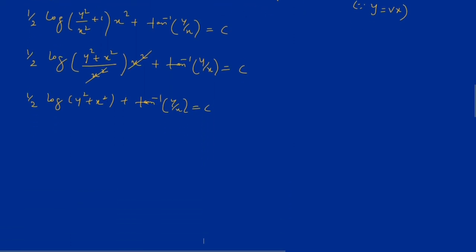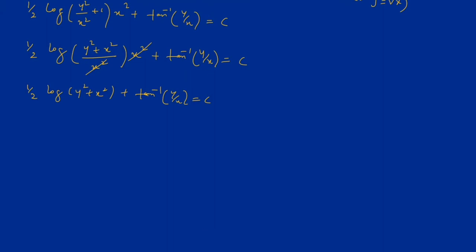So take it as equation 3, that is 1 by 2 log of y square plus x square plus tan inverse of y by x, which is equal to c. On putting x equals 1 and y equals 1, we have 1 by 2 log of 2, since y square plus x square, both are 1, plus tan inverse of 1 by 1, which is tan inverse 1, equal to c.